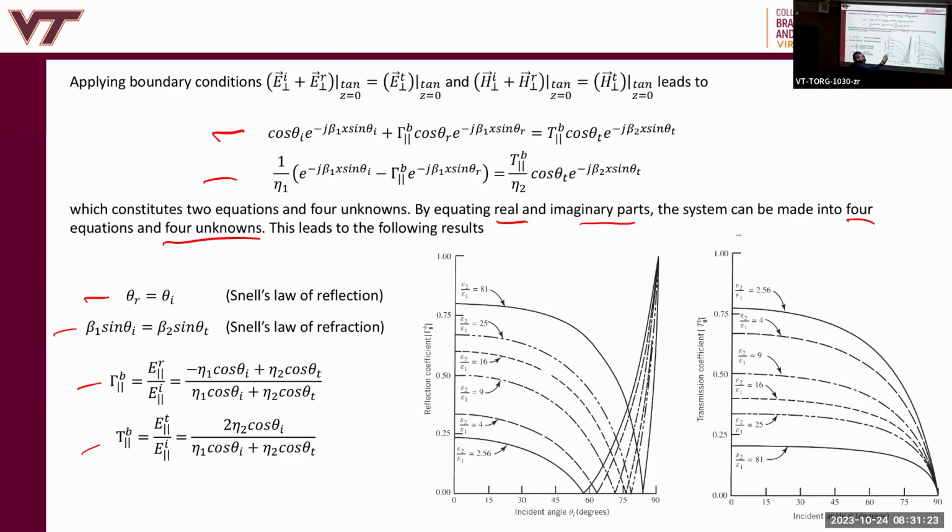Why does it go up to 1 for the reflection coefficient? Oh, here. Yeah. So what happens is if you come in at a grazing angle, if you come in very, very shallow, then everything's reflected.